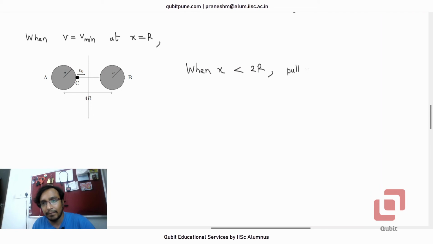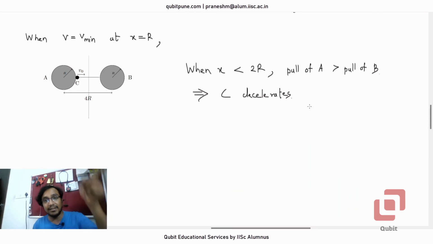So when x is less than 2r, the pull of A is stronger than the pull of B. So clearly this implies that the body decelerates. That means C decelerates. Its acceleration is negative. What does that mean? That means the velocity of the body C decreases.